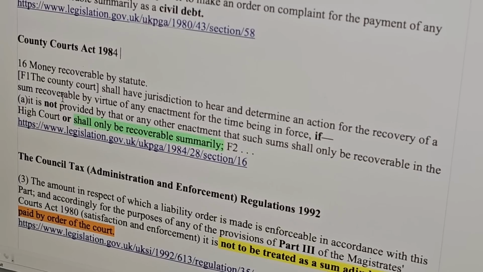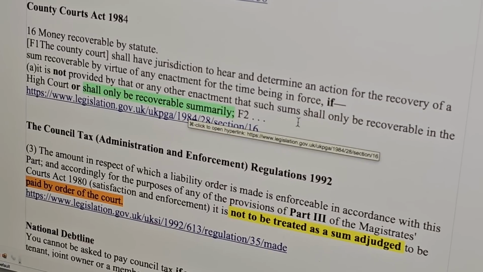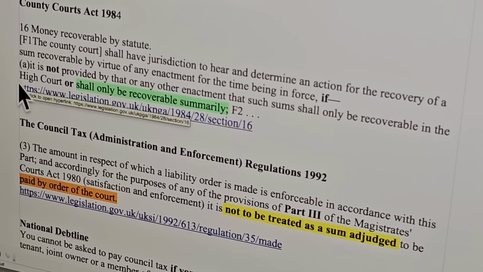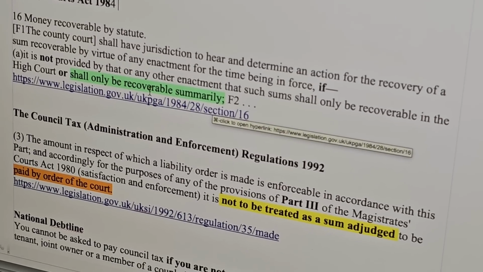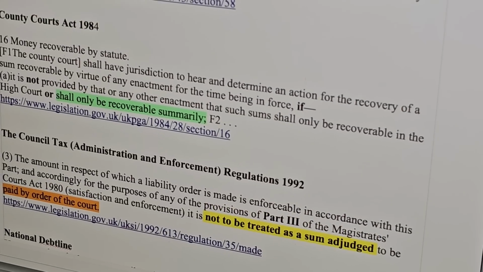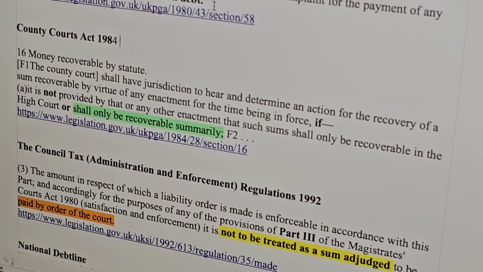If I'm wrong, I'd like somebody to point it out, because this says clearly they can't do High Court if it can only be recoverable in High Court, and they cannot do sums that are recoverable summarily. And it clearly is a summarily civil debt. So what else can it be?